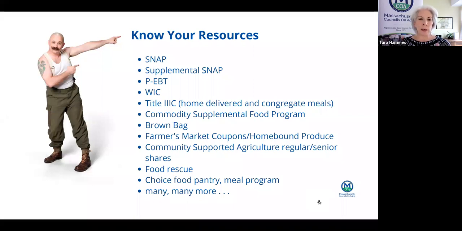And then the pandemic, I know that was just SNAP. But also pandemic EBT, this is something that school children are receiving, who were eligible to receive the National School Lunch Program. I bring this up because we have a number of grandparents raising grandchildren.